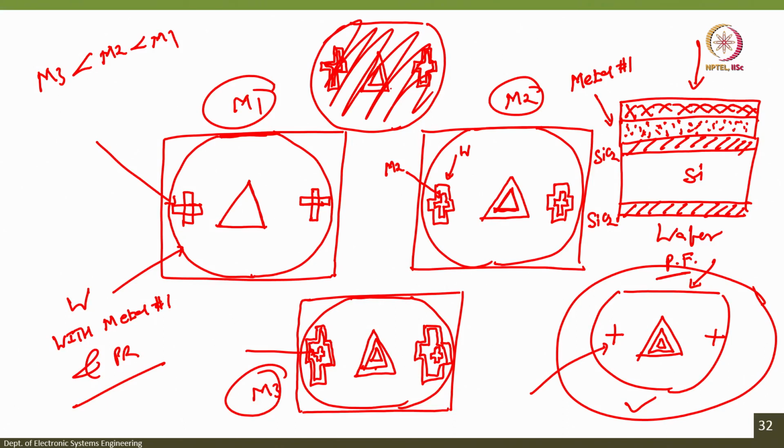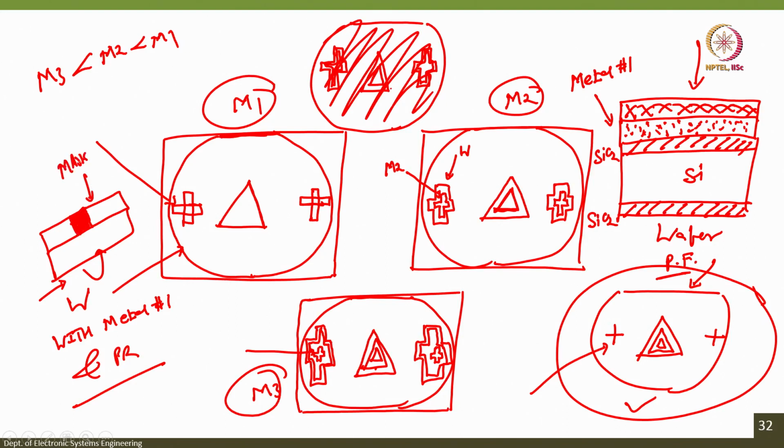Until that, you have some spacing between your mask and your wafer, so that you can rotate the wafer, you can move in x axis, you can move in y axis. Okay. And once the alignment is done, there is a hard contact between the wafer and your mask.